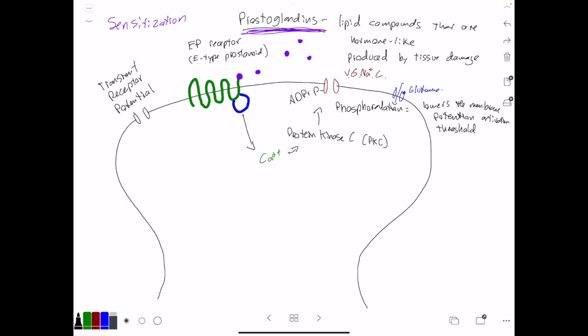In this context of tissue damage, and we're talking about the nociception pathway here, the specific type of TRP that we're talking about is something called a vanilloid receptor.